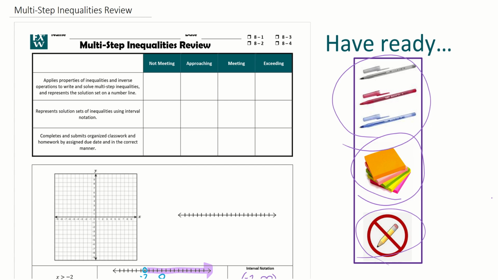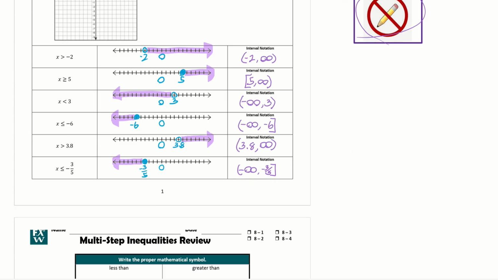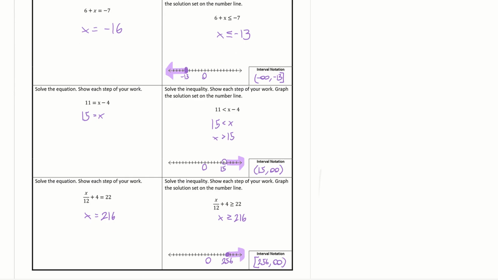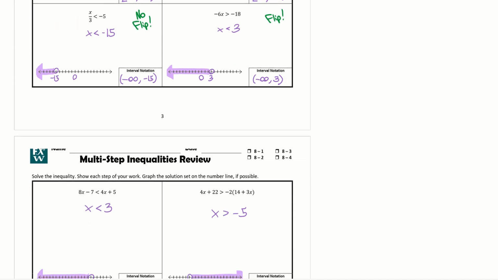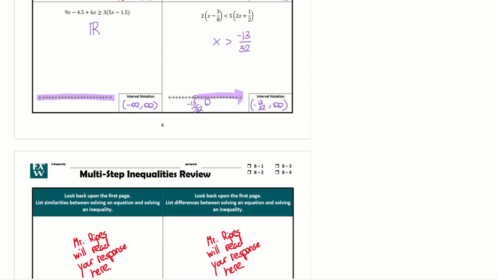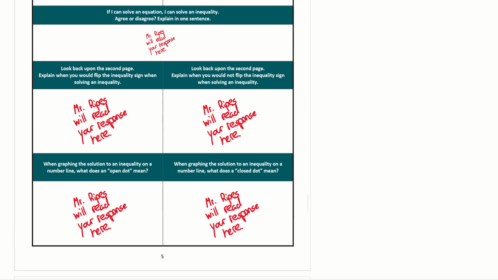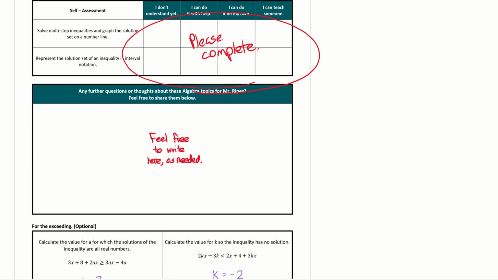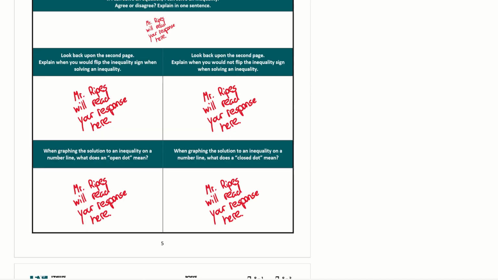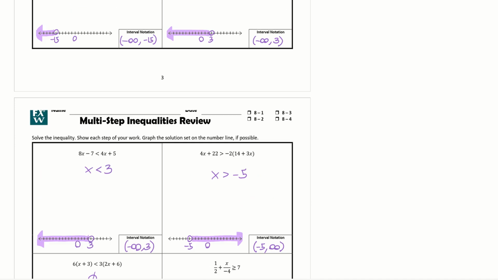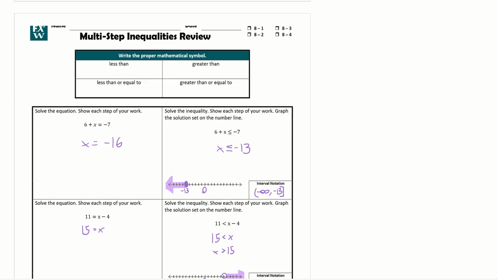Keep that in mind. Scroll through that file at your own pace, and you'll notice that all the solutions, all the number lines and interval notation, are there. Click the link right to the left of this video and go through that first. Once you're done with that, please unpause this video and continue on with the lesson.